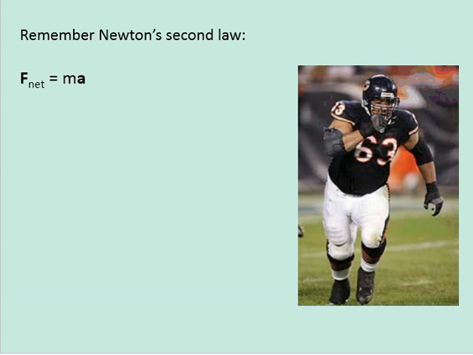So let's do some substitution and see if we can come up with something that'll help us not just relate the force and the acceleration, but the force and now its subsequent change in momentum because of that acceleration. So let's rewrite this a little bit first. We'll say now F equals m, and we'll replace acceleration with its definition of the change in velocity, Vf minus Vi, divided by the time interval over which that velocity change occurs.